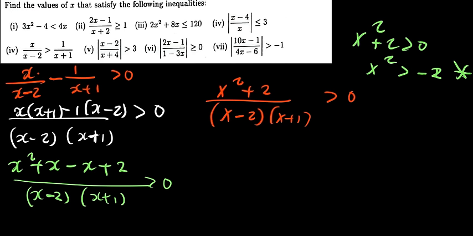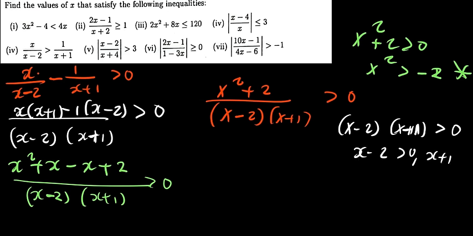So I'll now deal with the denominator. Denominator I have got x minus 2, x plus 1 should be greater than 0. What does it mean? X minus 2 greater than 0, x plus 1 greater than 0. So x greater than 2 and x greater than negative 1.